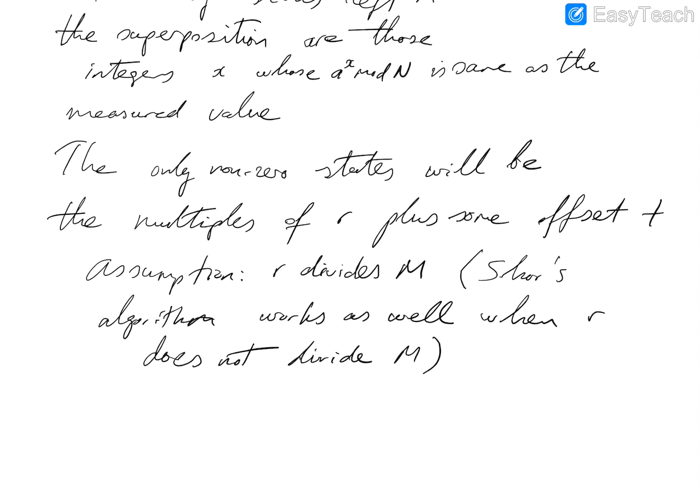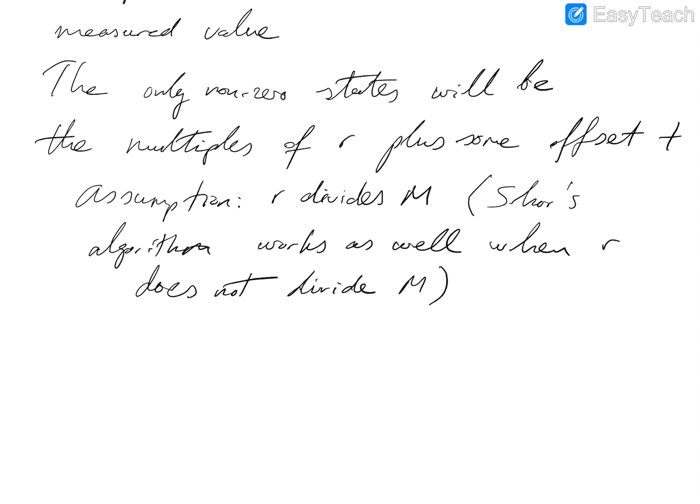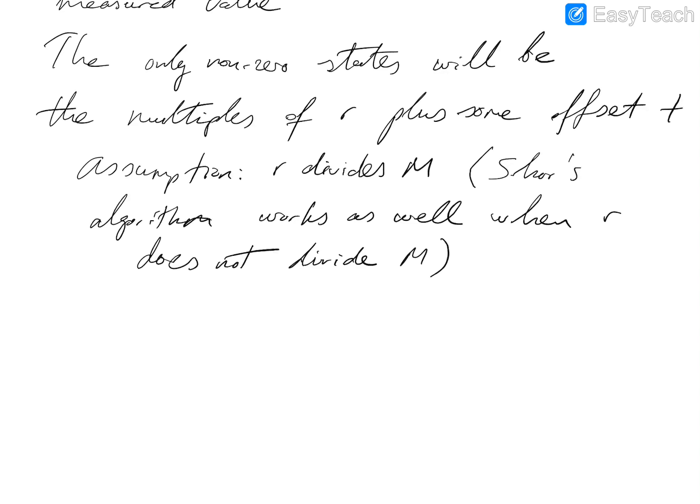Now the general picture will look as follows. We have a superposition state, a periodic state, and the only non-zero states will be the multiples of r.